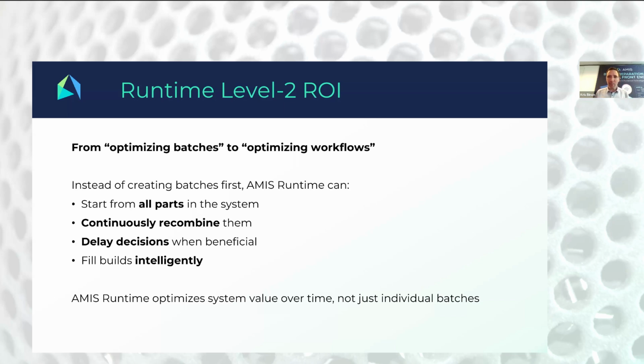And AMIS Pro is quite known for being quite fast in the nesting itself. So if this last minute order comes in, it doesn't mean that you're going to lose money on that one, because you have to stuff it in somewhere and then replace something else, and you're busy half an hour rebatching that whole thing, because you can continuously recombine.